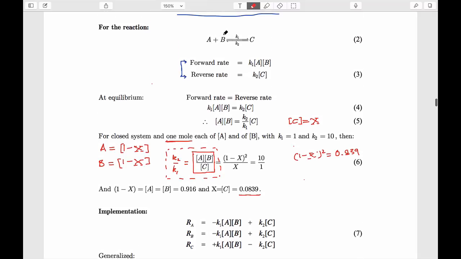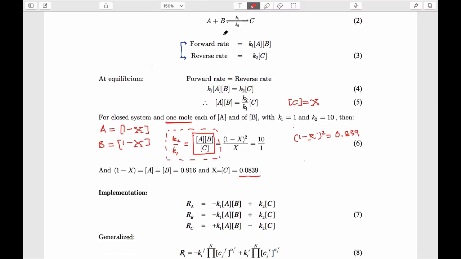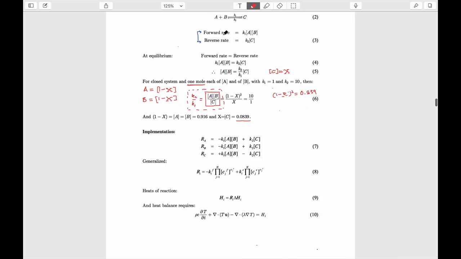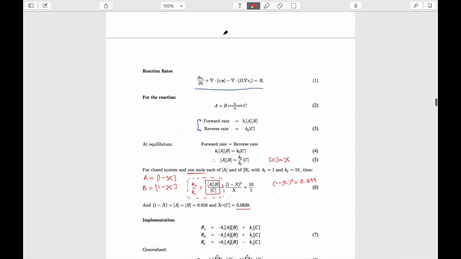So if we want to now deal with that, so we have a beaker that contains this and is traveling downstream and moving through our system, then what we could do is write a single expression to represent that.